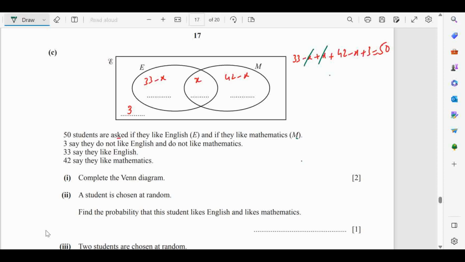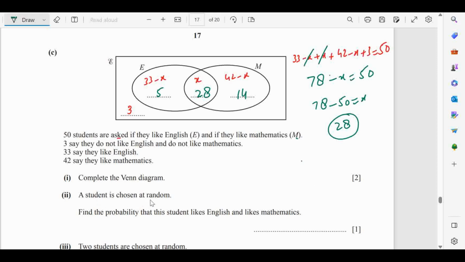So 78 minus x is equal to 50, and then 78 minus 50 is equal to x. So 28 will be the final answer for x. If we subtract 33 minus 28, this will be 5, and 42 minus 28, this will be 14. So hence this will be the final answer for the first part.